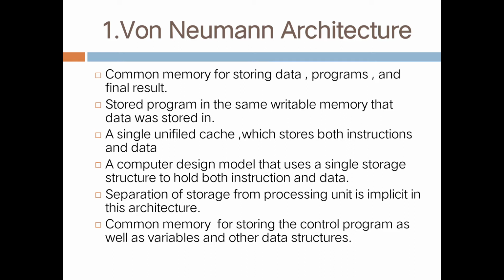It is a computer design model that uses a single storage structure to hold both instructions and data. But in this architecture, separation of storage for the processing unit is required. That means there is a common memory for storing the control program as well as variables and other data structures.